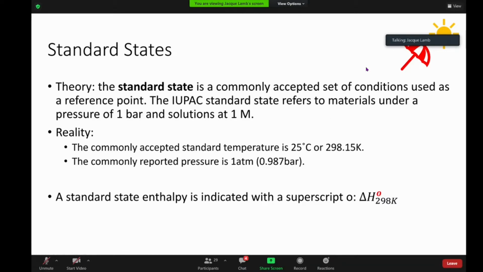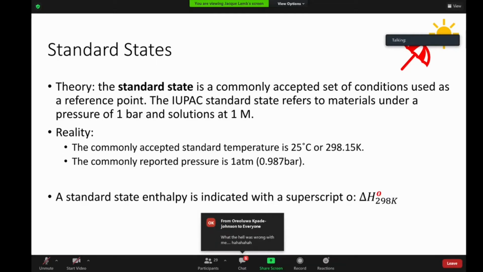Okay. So standard states are just a reference point. The energy changes that occur in a process or chemical reaction will vary depending upon the temperature and pressure conditions under which that reaction or phase change takes place.